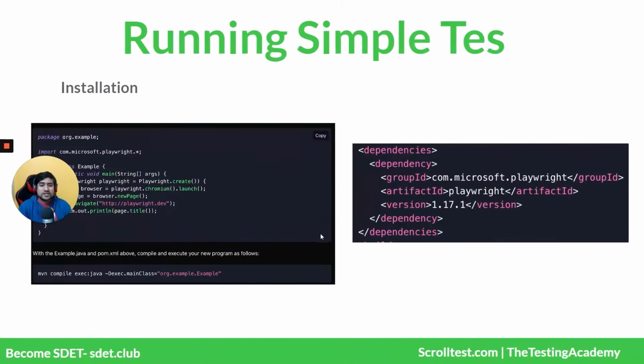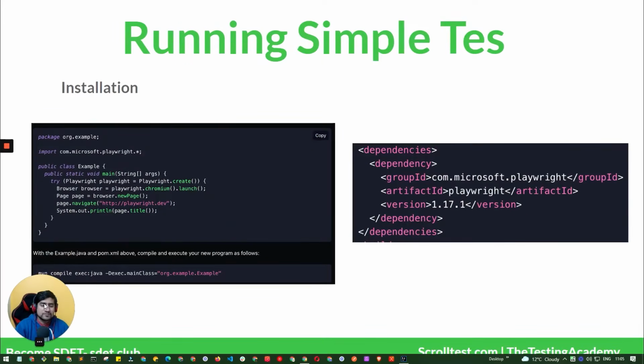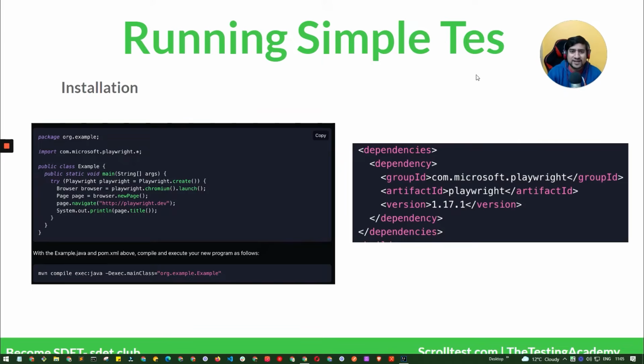Okay, so let's write our first automation test. First, let's understand what we are doing in it. It's very simple. We are just creating a Maven project and adding a dependency of Playwright. I have added the dependency of version 1.17.1. Depending upon the latest version, you can change it.